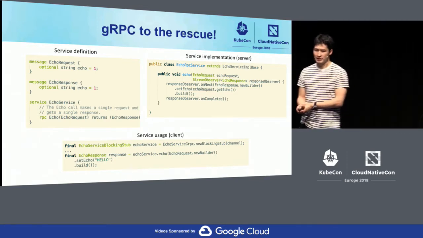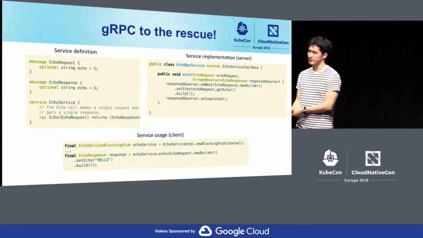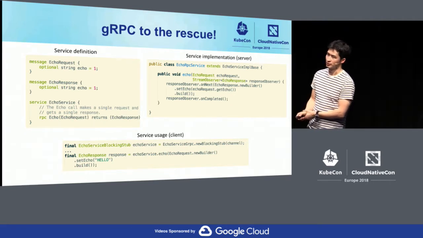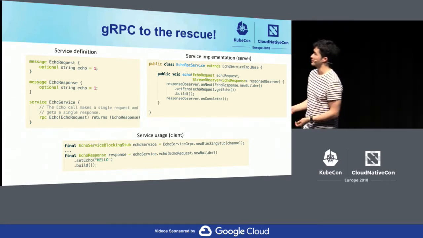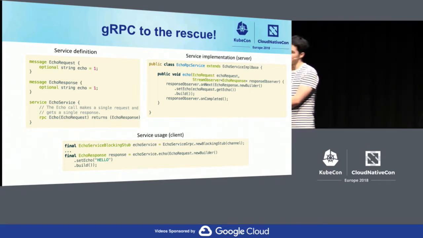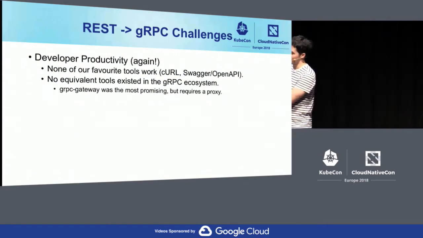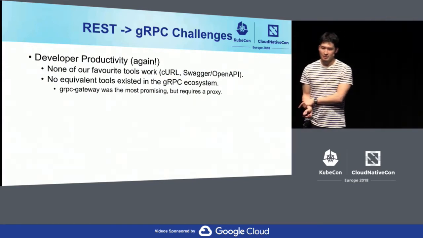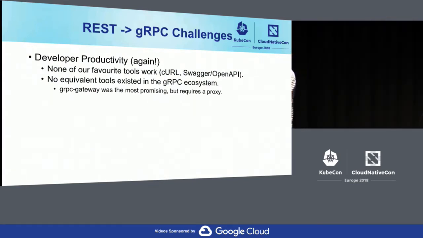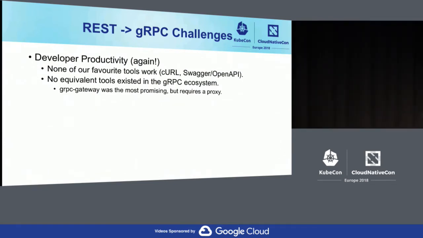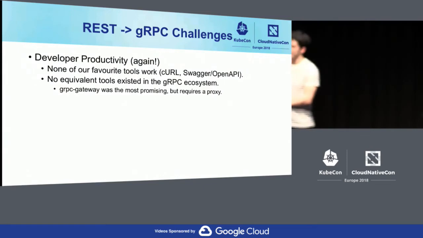So that worked well, and it didn't take long to get started with, and teaching everyone how to use gRPC and design gRPC services wasn't that bad. But we still ran into a particular problem, and it circled back to developer productivity again, because over the time that we were using REST we got used to all the tooling that's available for REST.